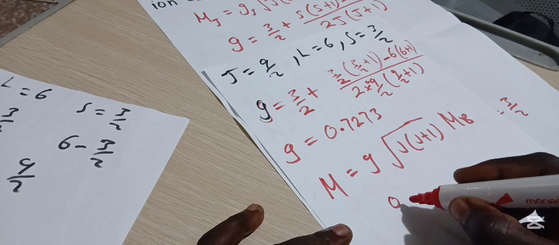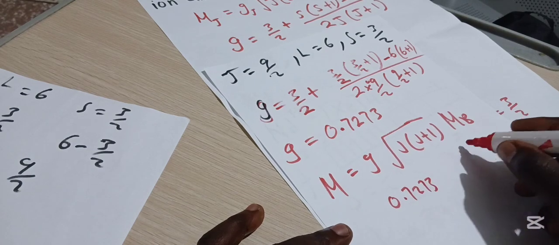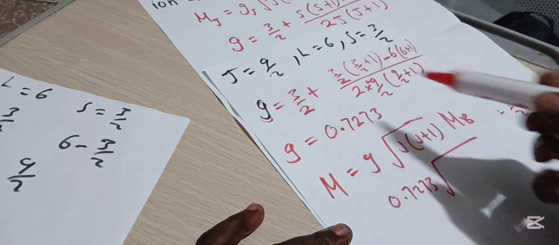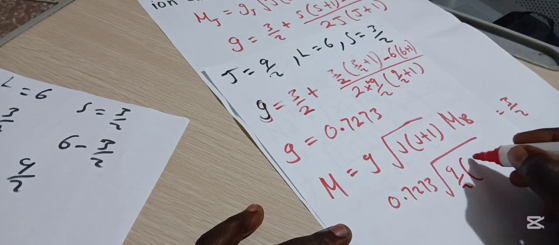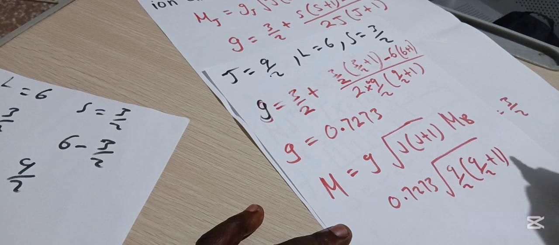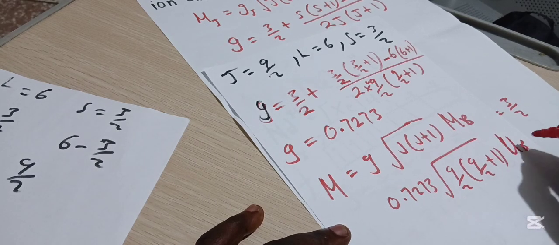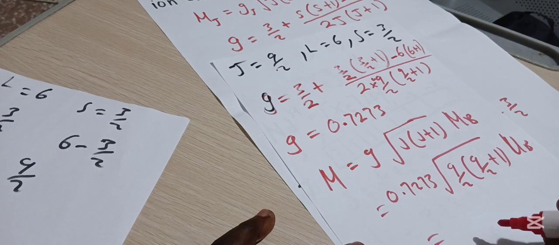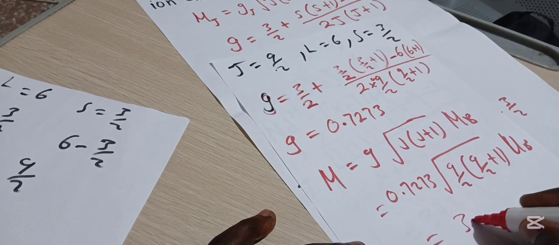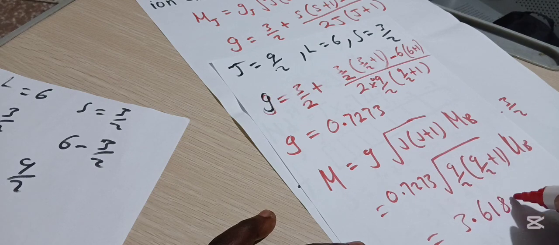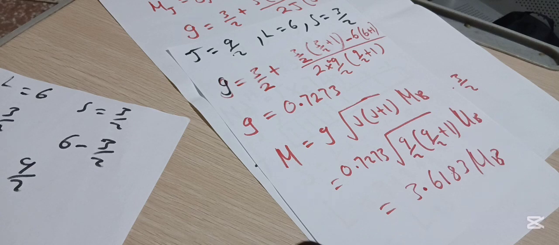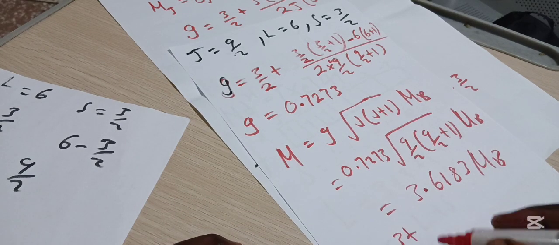We are going to get g is 0.7273 times root of 9/2 times (9/2 plus 1) Bohr magneton. Punching this on your calculator is going to give us 3.6183 Bohr magneton. So that is the magnetic moment for the Nd3+ ion.